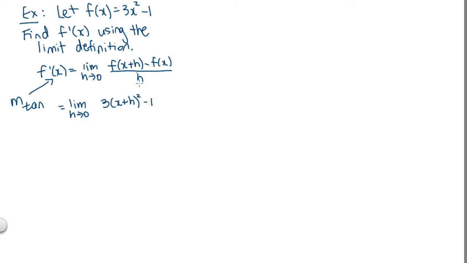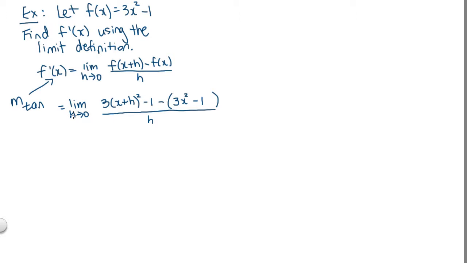So these two terms give us our f of x plus h, and then we're going to have to subtract off f of x exactly as it appears. Now because there's more than one term here, we're going to have to give ourselves some big brackets here. We want to make sure all of 3x squared minus 1 really does get subtracted off. And then we're going to take this whole thing and divide by h.